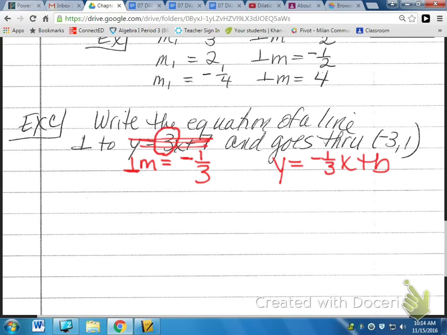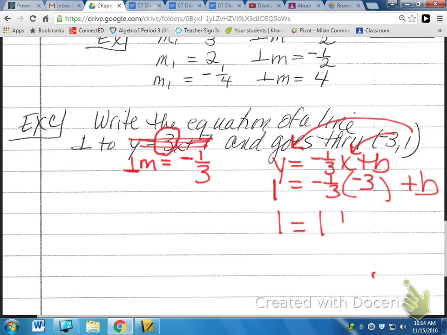You plug the 1 in for the y, equals negative 1/3, and for x you plug in negative 3. So 1 equals, negative times negative makes it positive. What's 1/3 of 3? 1, plus b.